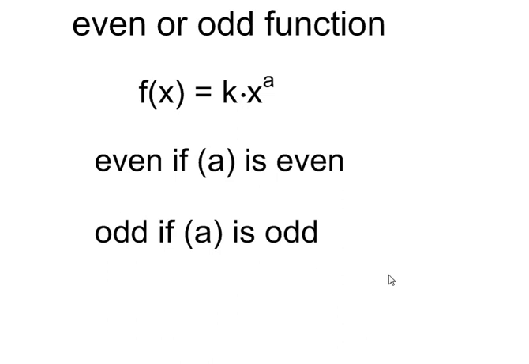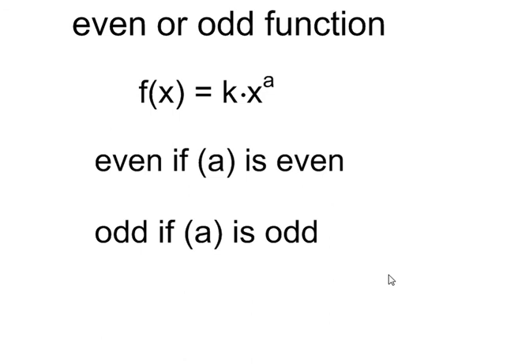Now, something that you guys probably have figured out a long time ago about even and odd functions. We have discussed this. If the power is even, so if a is an even number, it is going to be an even function. If a is an odd number, then it is going to be an odd function.